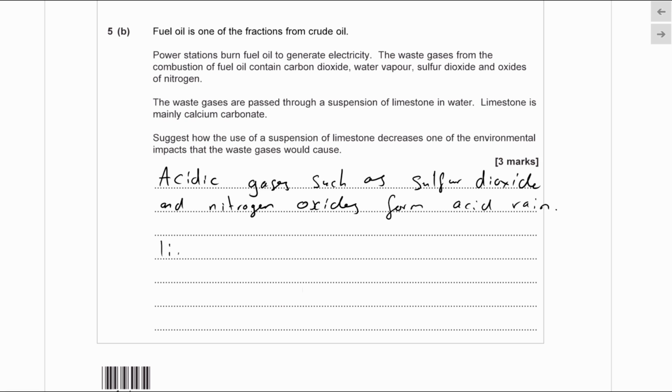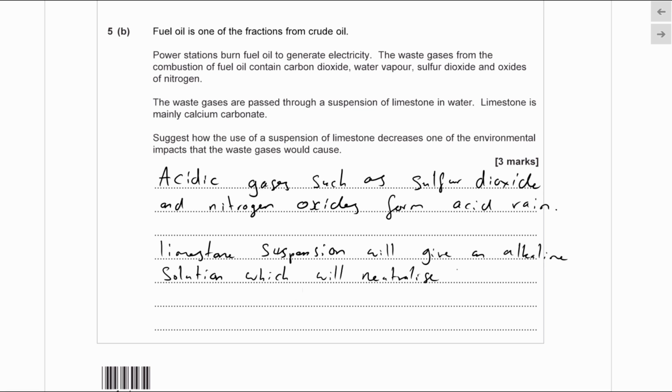Okay, so limestone suspension will give an alkaline solution which will neutralize the acidic gases. All right, so we will neutralize the acidic gases, and that will obviously stop acid rain from forming. That's more than enough for 3 marks, right?